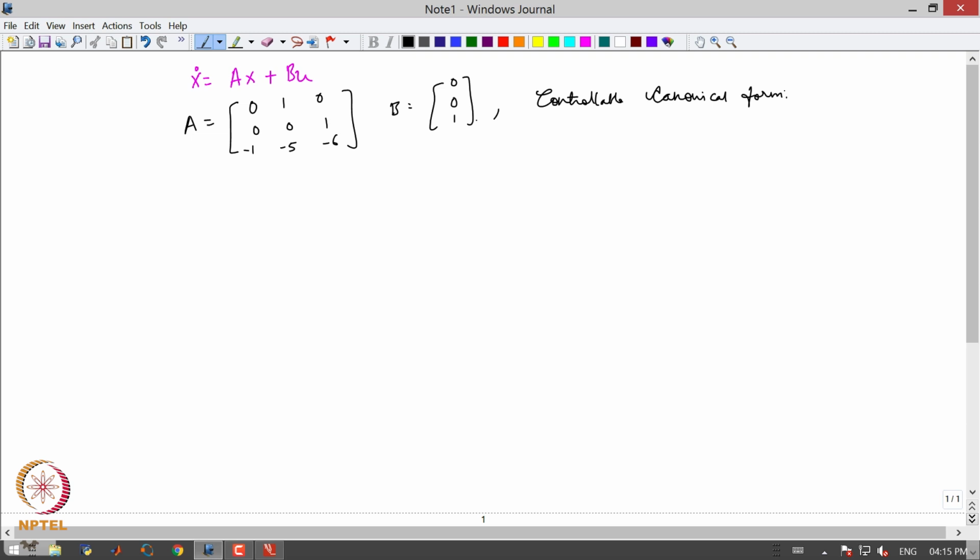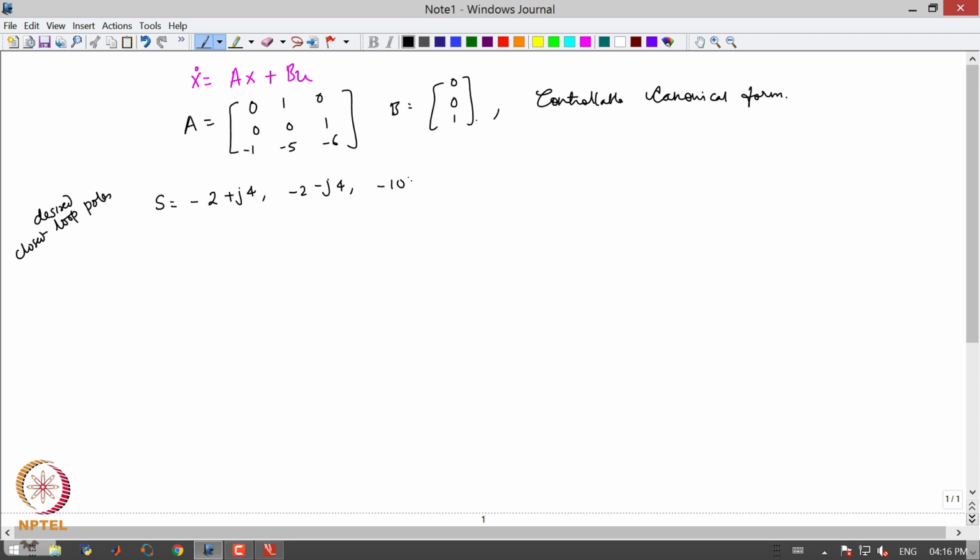Let us say I want to place my closed loop poles in the following locations. These are the desired poles. One pole is decided to be at 2 plus j4, the other would obviously then be at 2 minus j4, and the third pole would be at, say, minus 10.